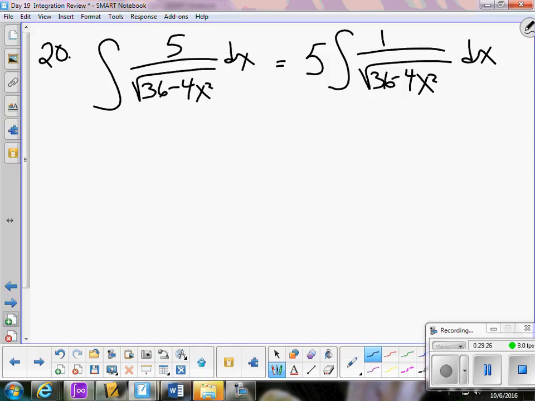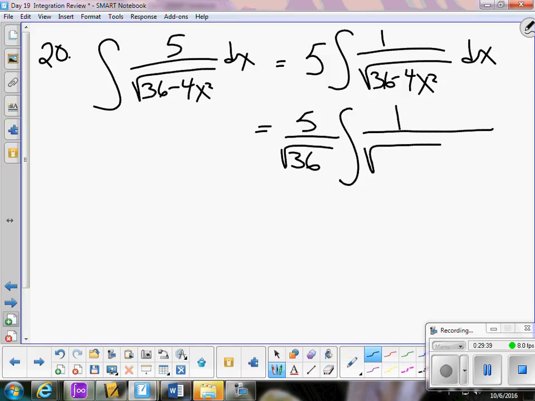Yeah, you're going to divide out the 36, but it's under a radical, right? So I'm going to leave it as the square root of 36. I'll make it a 6 later. Now we're rewriting this radical as a product of that radical. So what's this one in here? 1 minus 4x squared over 36.